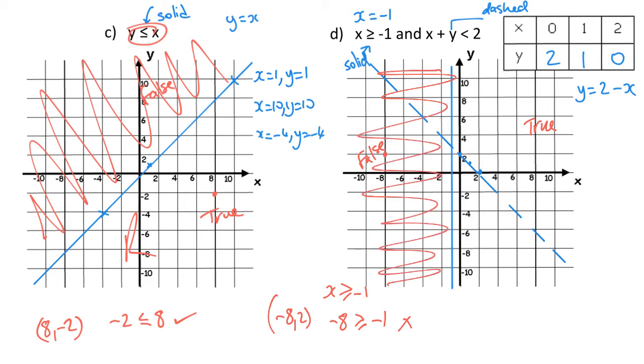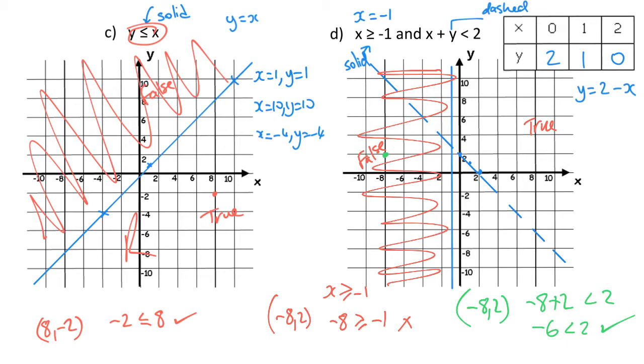For the line x plus y is less than 2, again we need to pick a point above or below the line. So let's pick the point minus 8, 2 again, and sub it into the equation, and we get minus 8 plus 2 is less than 2. So that's minus 6 is less than 2, and that is true this time.